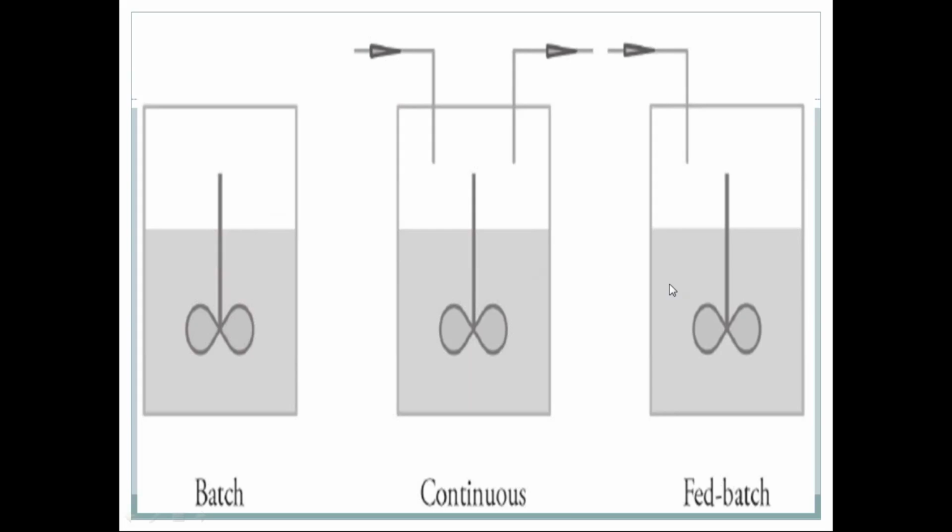While in the fed batch, in the third diagram, you can see there is one line at the top. It indicates that there is addition of microorganisms and ingredients during the fermentation. Now in the continuous, you can see two lines at the two sides. The first is at the left and the second is at the right. The left indicates the addition of microorganisms and ingredients, while the right one indicates removal of product.